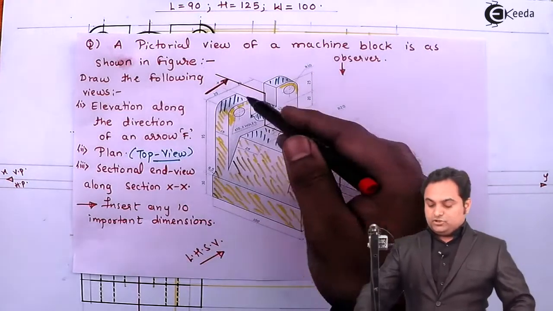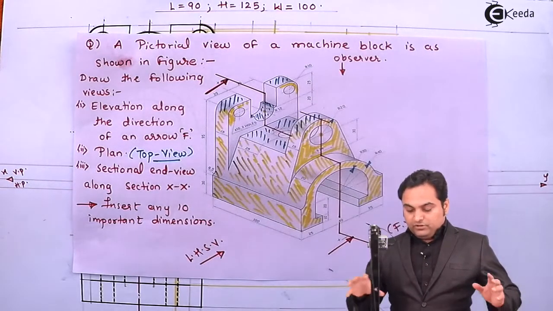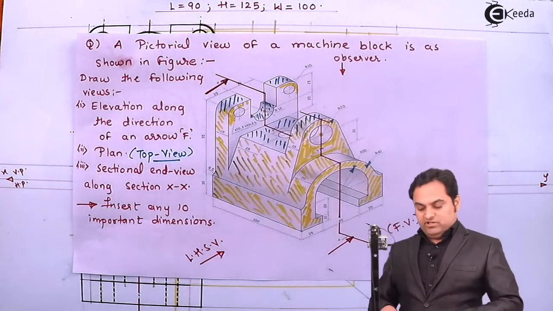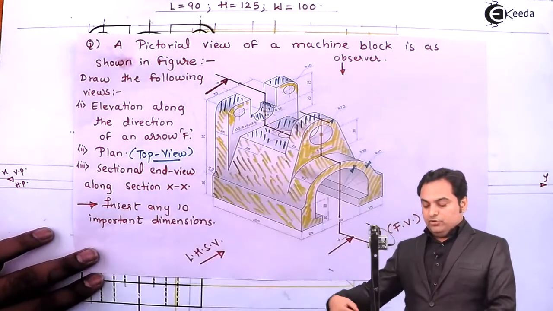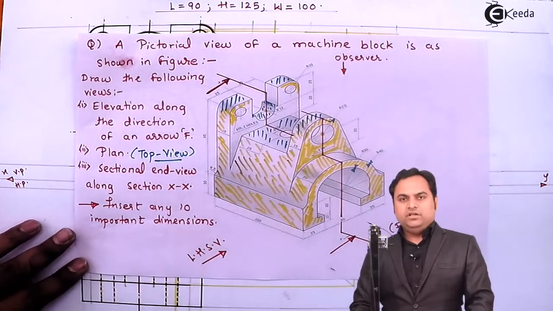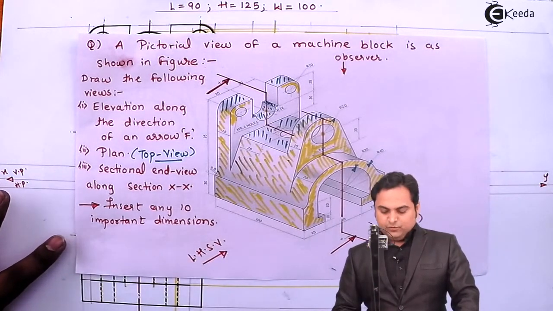Now when I am cutting this object and removing that part which is in front of me, when I am going to remove that, then I am going to see the sectional side view.